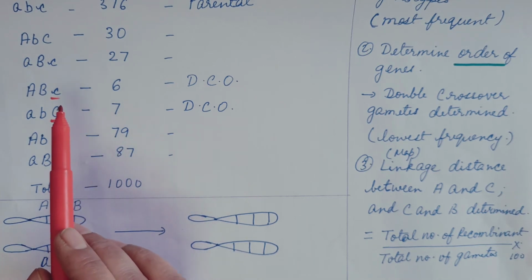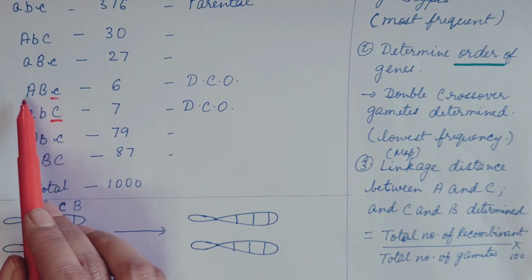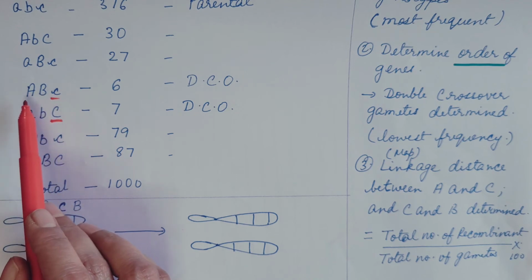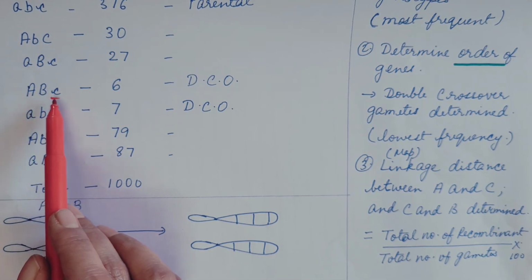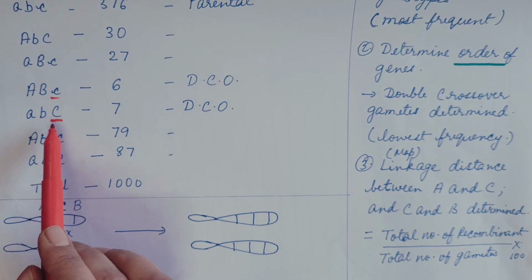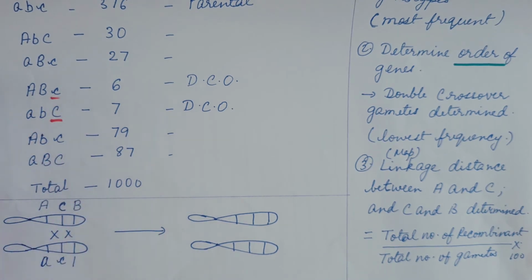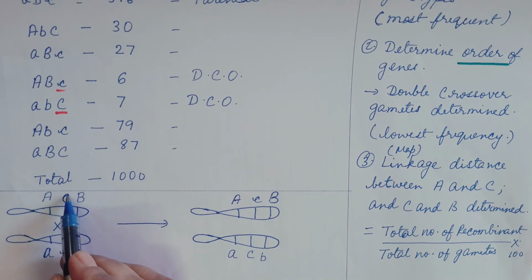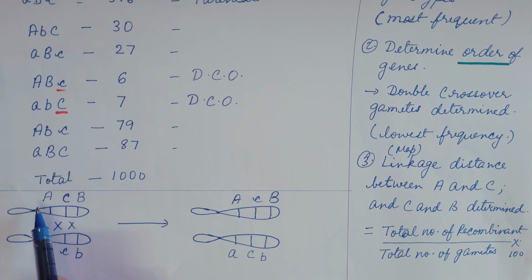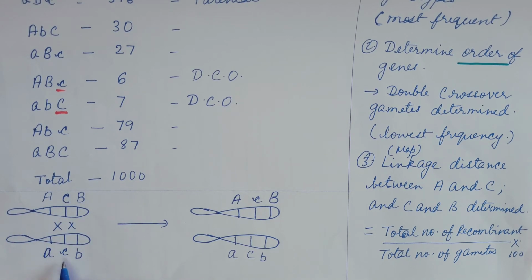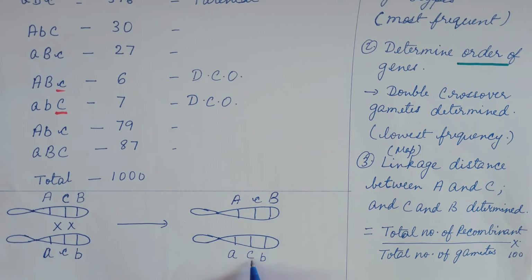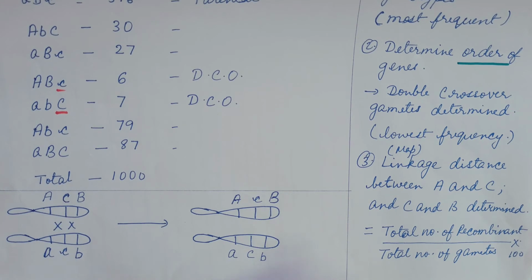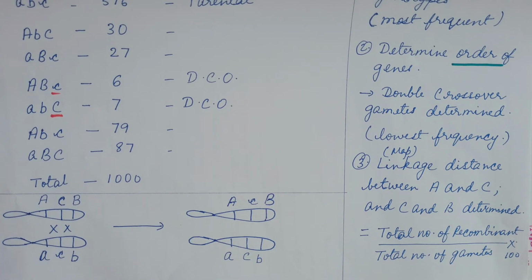But what we see is that the double crossover gamete has the genotype capital A, capital B, small c, and small a, small b, capital C. So this gene C is exchanged. From this we can say that gene C is in the middle, hence the gene order is capital A, capital C, capital B, and small a, small c, small b. After the double crossover we get capital A, small c, capital B, and small a, capital C, small b. Now we have determined the gene order.